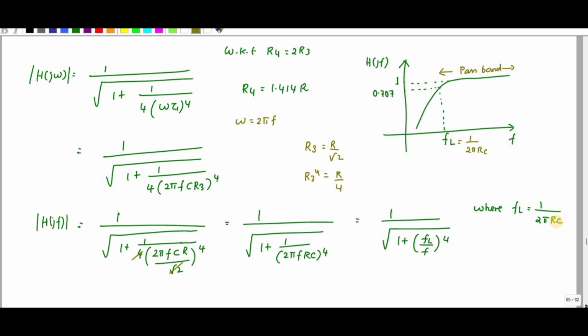If they have given the cutoff frequency, you can either assume the value of C, thereby you will get the value of R. Once I get the value of R, you substitute in this equation. R4 value is 1.41 of R. What is the R3 value? R3 value is R4 by 2, sorry. That is nothing but 0.707 of R.